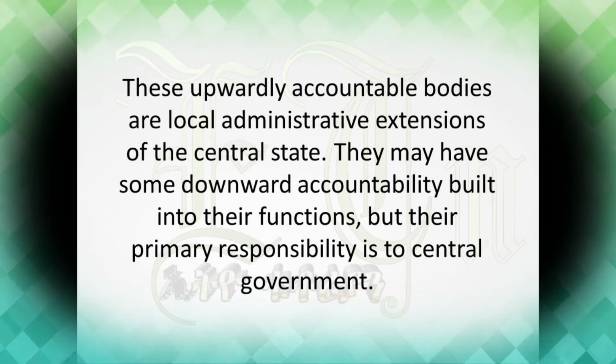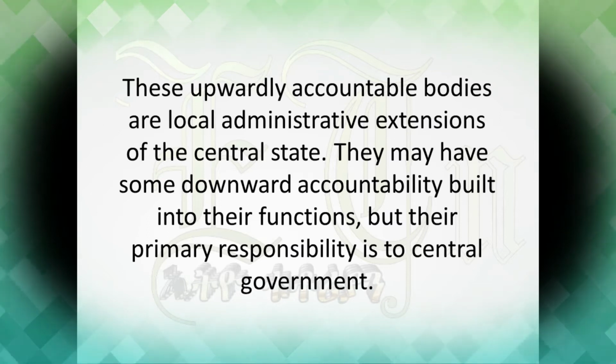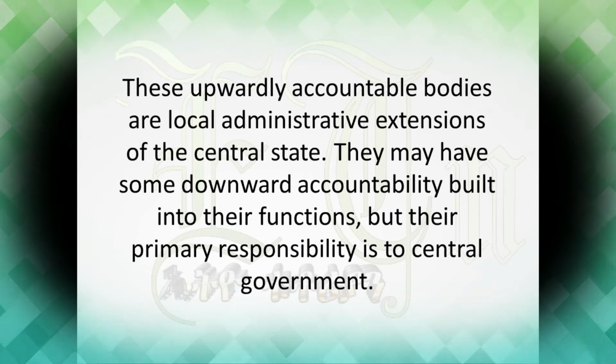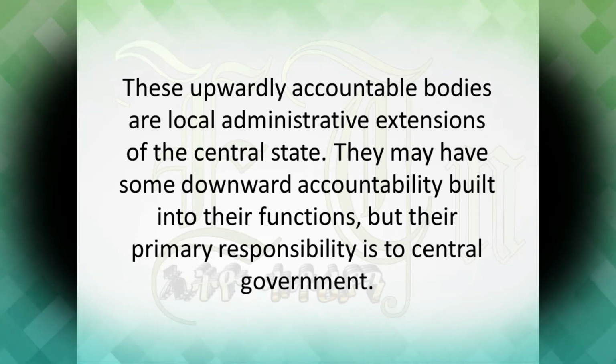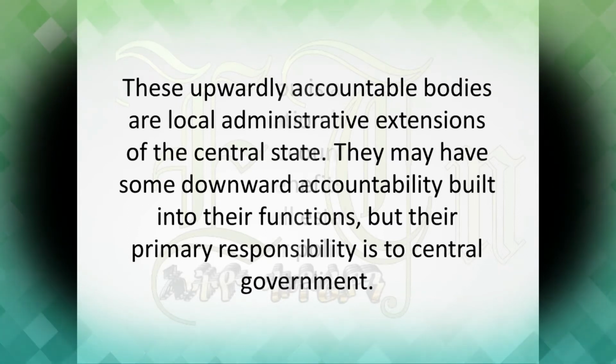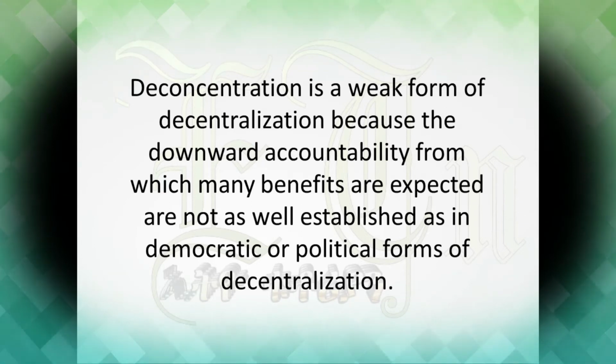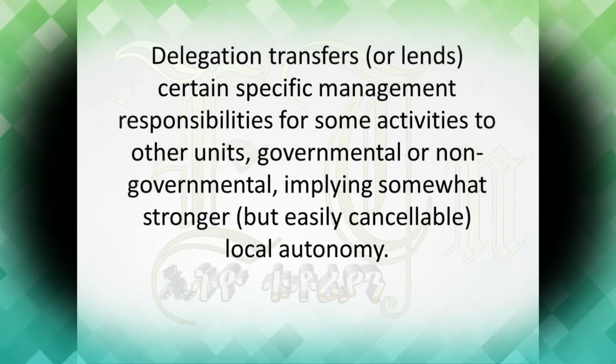These upwardly accountable bodies are local administrative extensions of the central state. They may have some downward accountability built into their functions, but their primary responsibility is to central government. Deconcentration is a weak form of decentralization because the downward accountability from which many benefits are expected is not as well established as in democratic or political forms of decentralization.